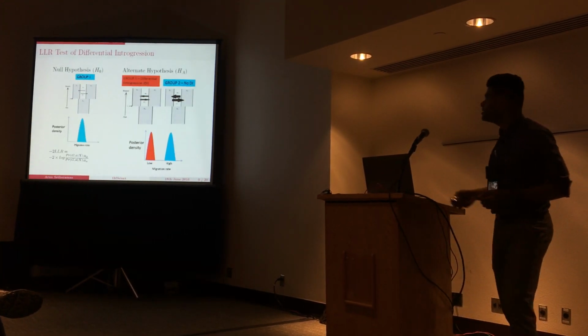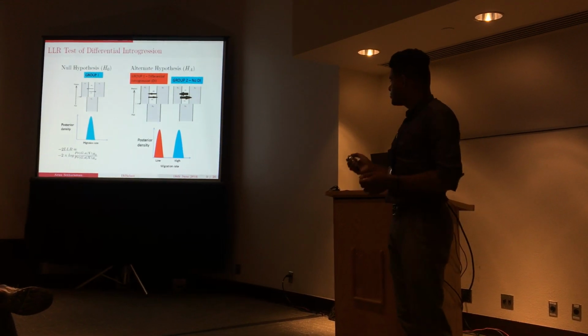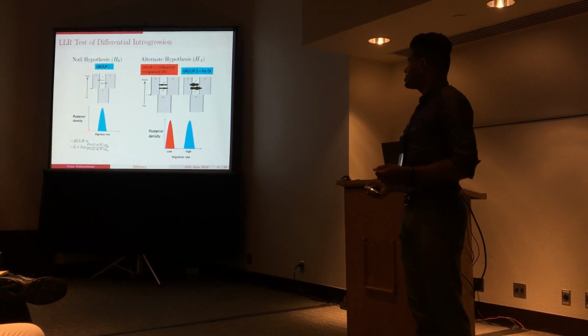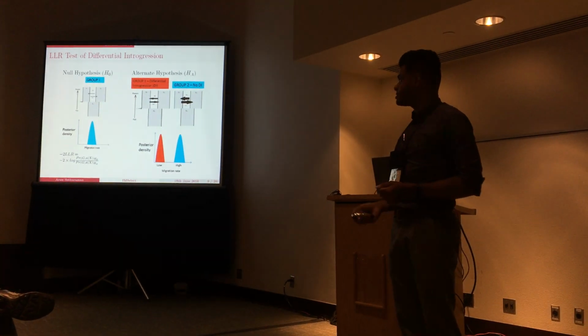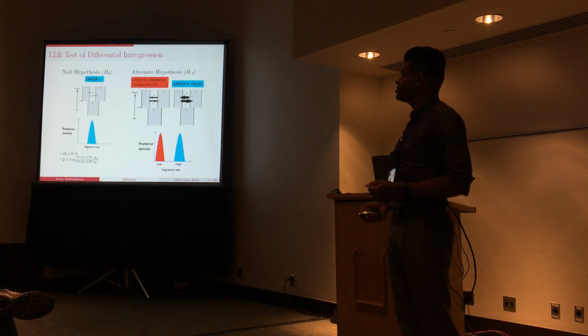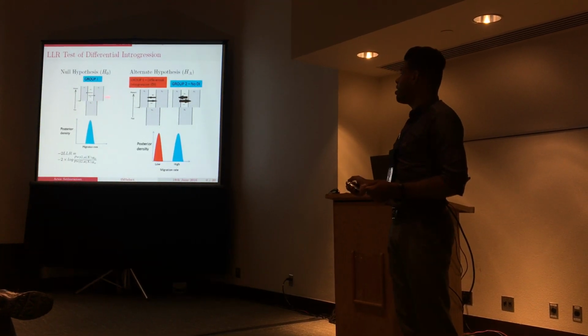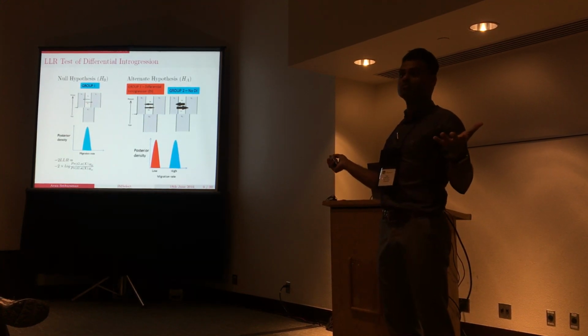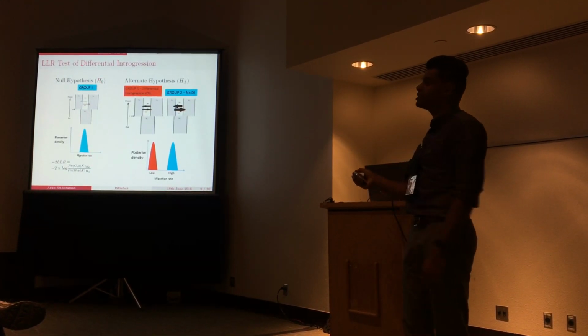Okay. So the first one is very simple. If you look at this cartoon here, under the null, you would expect to see all loci that you're analyzing to contain some sort of a unimodal distribution for posterior density of, say, the migration rates. So essentially all loci that you're analyzing seem to be migrating the same way at similar migration rates across this model.